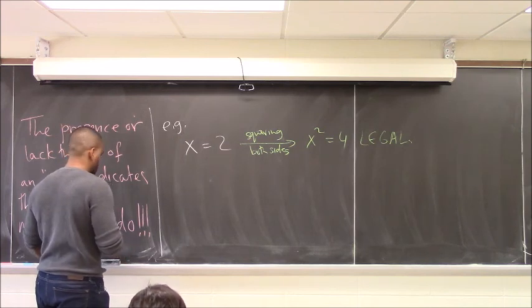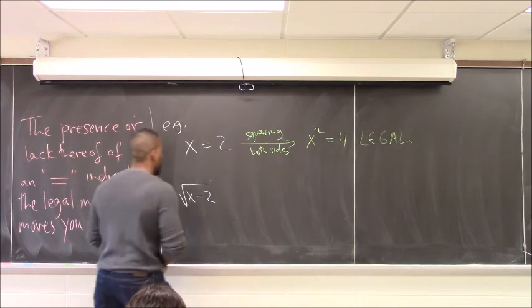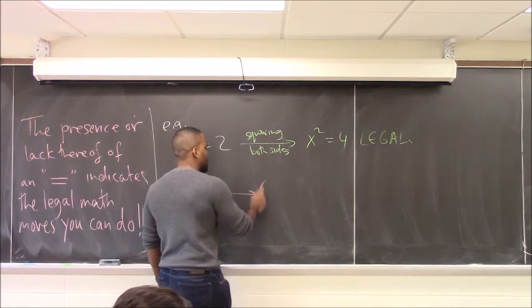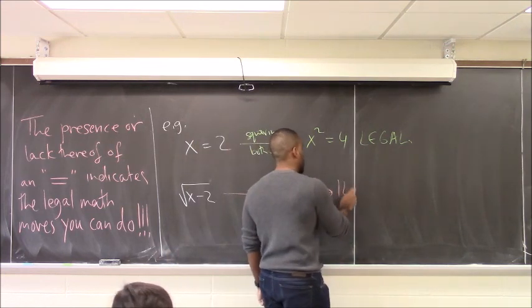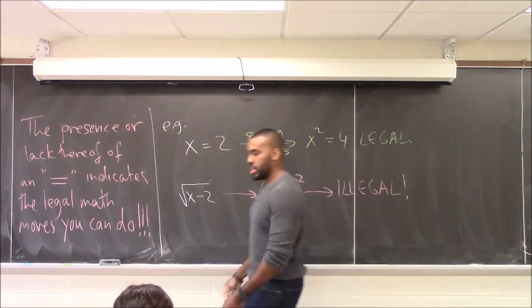Versus if you just saw the radical of x minus 2 and you just decide, I don't like how that looks, I'm going to square it, this is illegal. Right? You can't just take an expression and decide to square it.